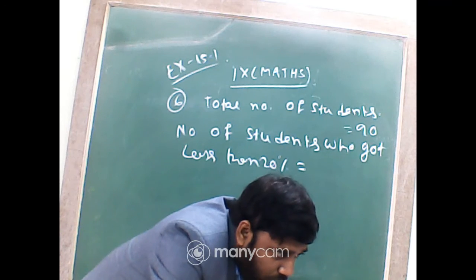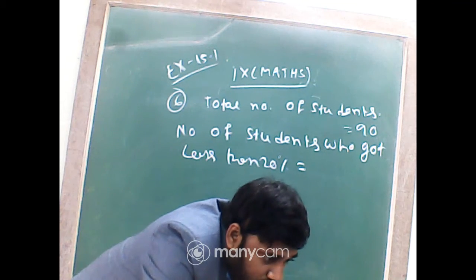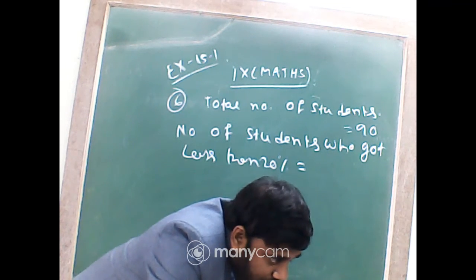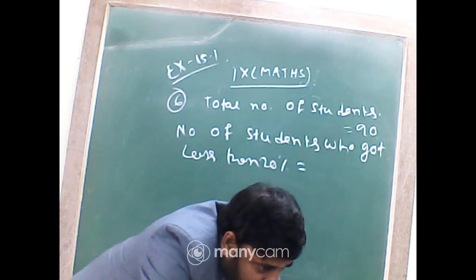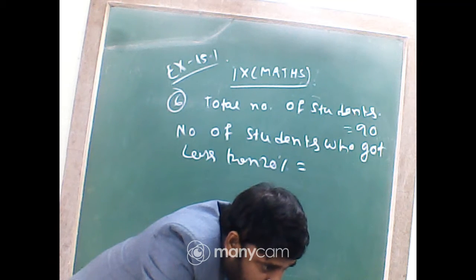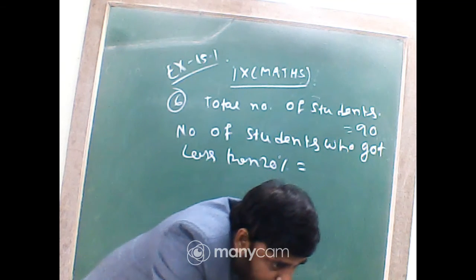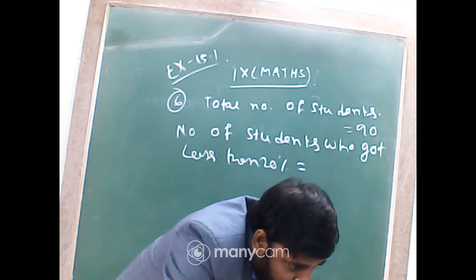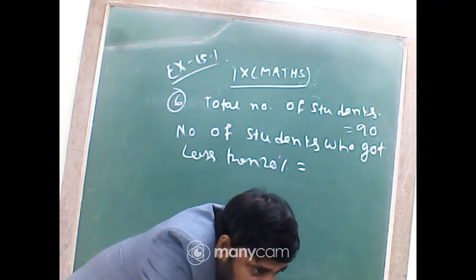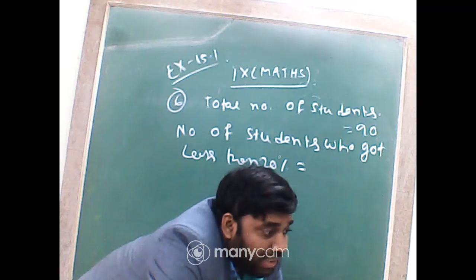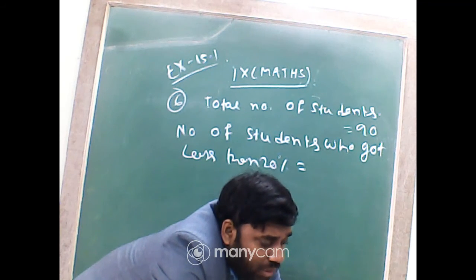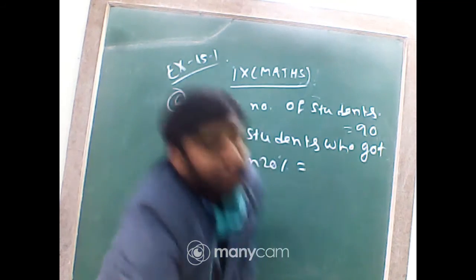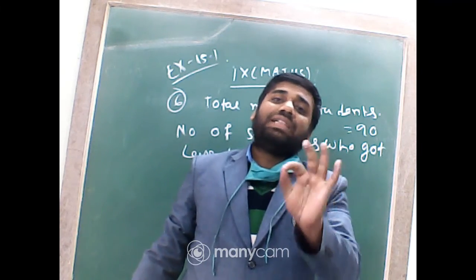Okay, 7. Asrafuluddin, very good. 7. Mahek, 7. Rajanna, your answer? That's 7. Just look at the table. 0 to 20, number of students 7. It means 7 students are there who got less than 20.